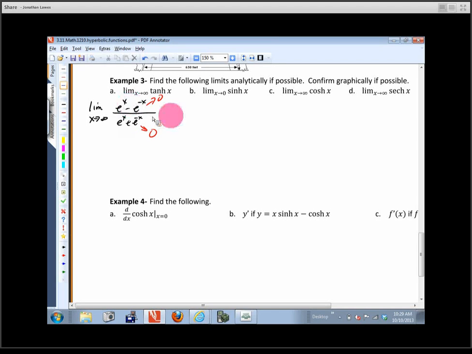So even though overall this goes to infinity and that goes to infinity, the important part here is that this behaves like e^x over e^x when I'm plugging in a large number. Does everybody agree with that? This is exactly the same term on the top to start with as it is on the bottom. So the top behaves like e^x and the bottom behaves like e^x. So what would I end up with in a limit as x approaches infinity? Positive 1.